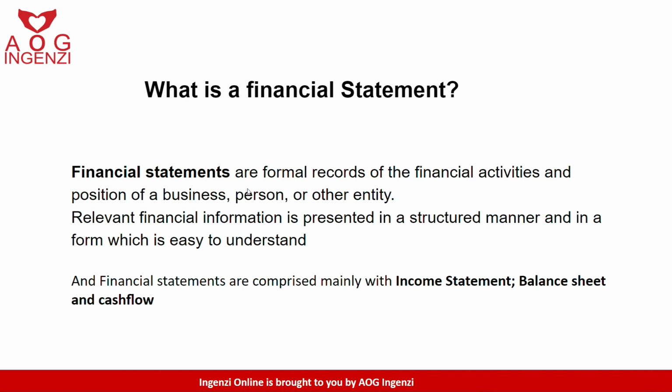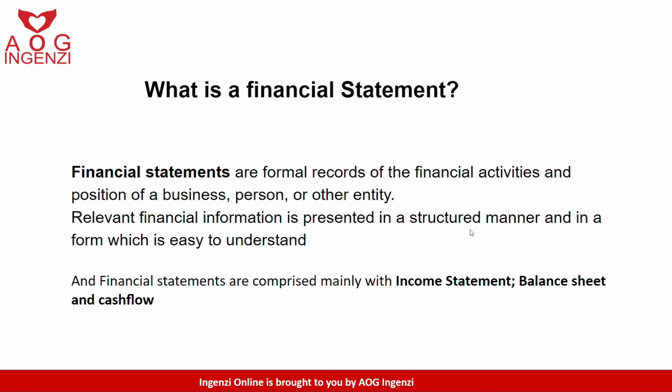The financial statements are formal records of the financial activities. When we say financial activities, those are expenses or revenues and the position of a business or person or other entity. Relevant financial information is presented in a structured manner and in a form which is easy to understand.